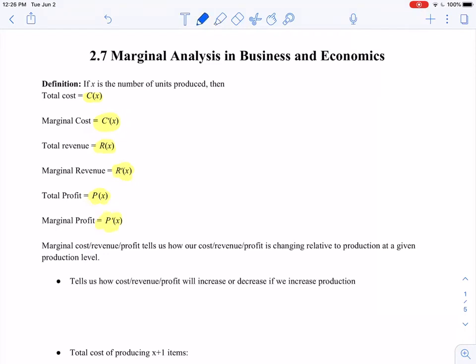So really, when I say the word marginal right here, that just means the derivative of whatever function we're talking about. And one quick note before we jump into what marginal cost or revenue or profit actually means is remember that the derivative tells us the rate of change.